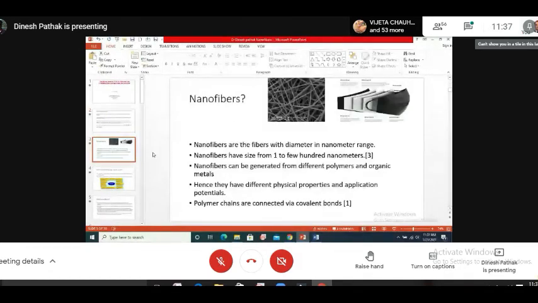So nanofibers, from this PPT, we can see that nanofibers are a fiber-like structure, where we have fibers, and in between we have some porous voids. This porosity can be controlled when we make nanofiber.